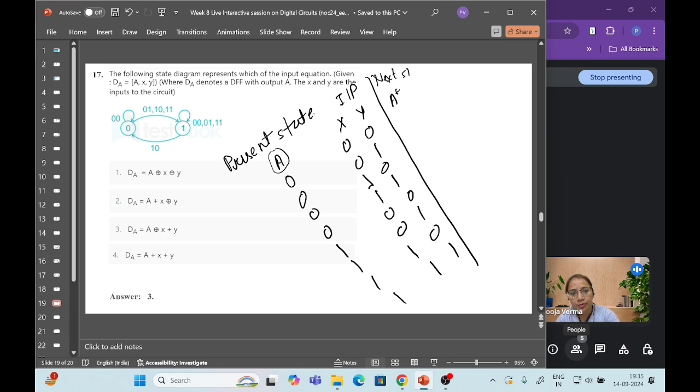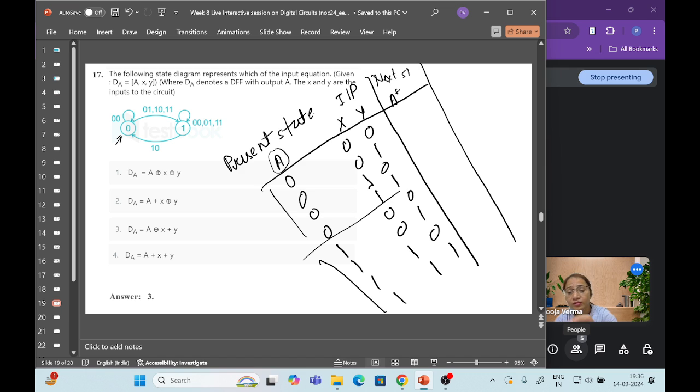Now we have to find out what is the next state based on that. So now we have to check, A has two states, that is 0 and 1, with the same inputs, that is 00, 01, 10, 11. And again for 1 it has four inputs 00, 01, 10, 11.